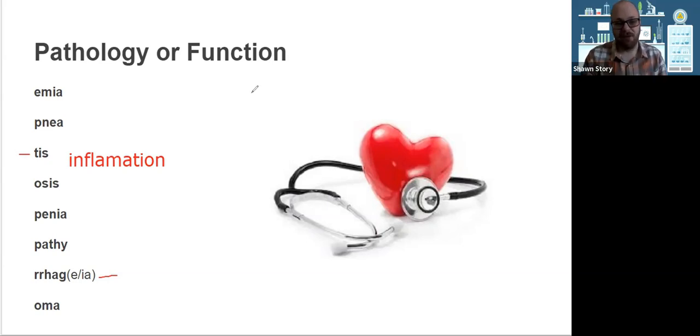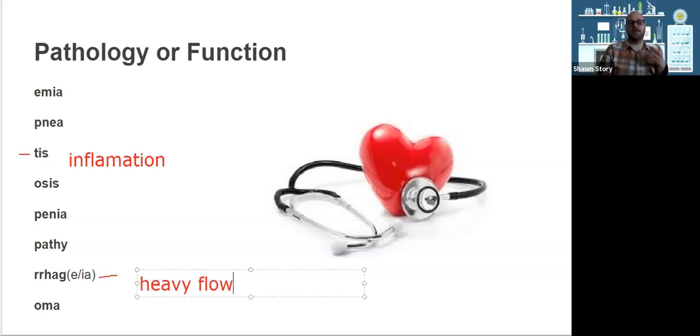It means heavy flow. So dia, we have the fecal matter, intestinal, rhea, heavy flow. So it's a heavy flow of your poop, of your fecal matter. Poop heavy flow. That's literally what they're saying.